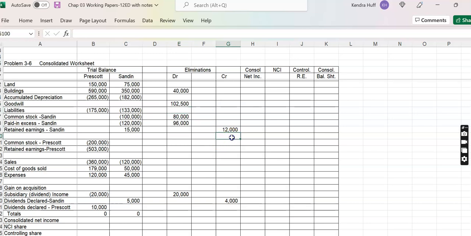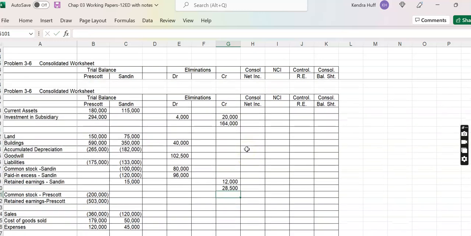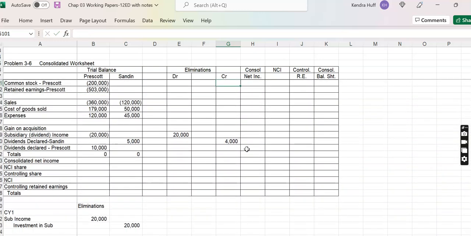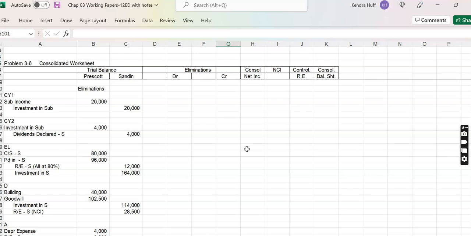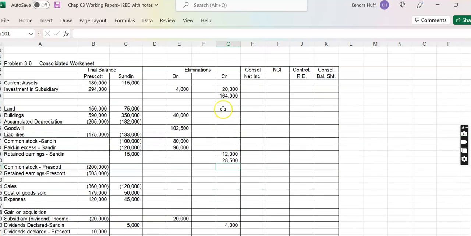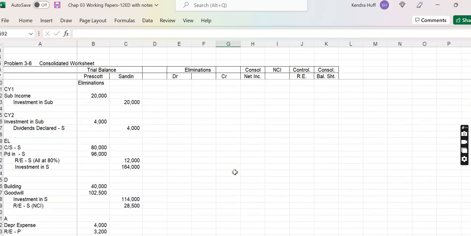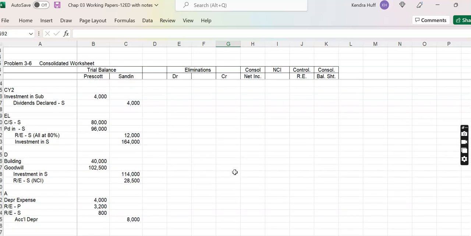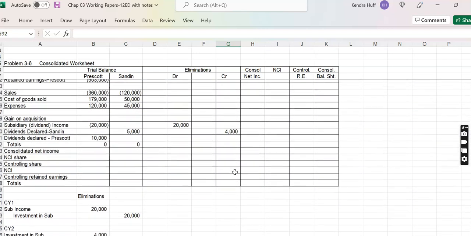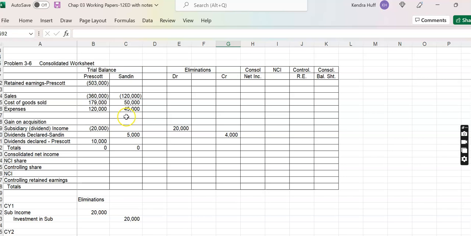$28.5. Get that whole entry. Did 114. Depreciation expense for 4. Just going to put it in line with the expenses.